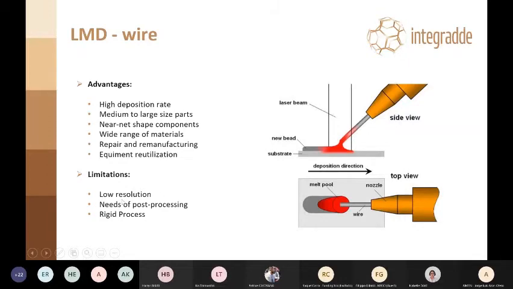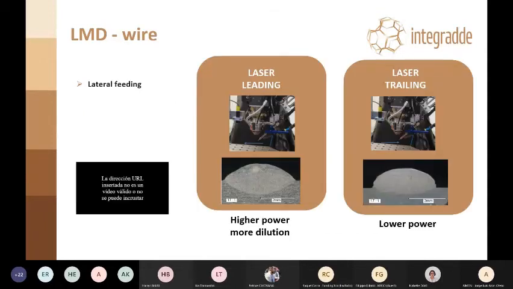Limitations. Here the resolution is even lower than with powder, and most of the time we need post-processing, and it's a very rigid process, mainly due to this lateral feeding. You can see here that depending on the direction, if the laser is leading or the laser is trailing, the results are different.